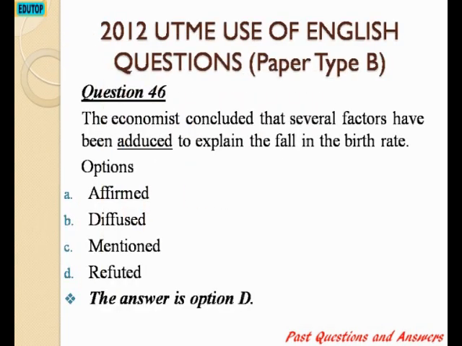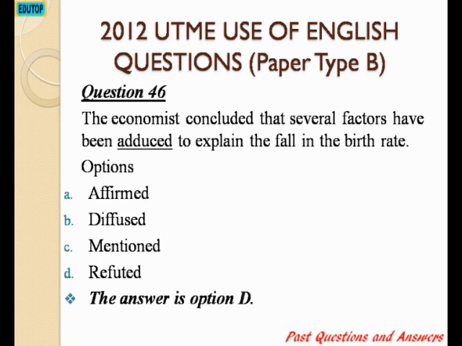Question 46. The economists concluded that several factors have been adduced to explain the fall in the birth rate. Adduced means to mention or provide something, such as fact or example, as evidence or proof to support an argument. Now, the opposite of adduced in this context is what we want to look for.